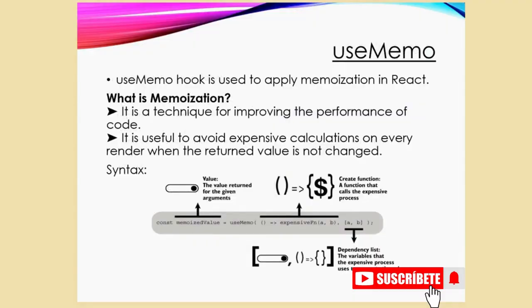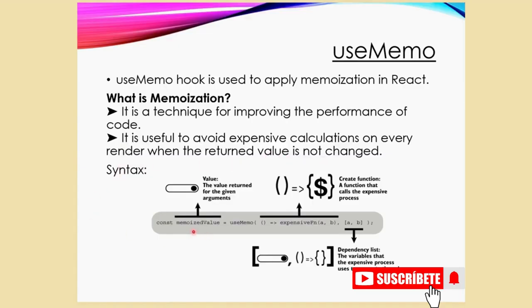useMemo. useMemo is a hook to apply memoization in React. What is memoization? It is a technique for improving the performance of code. It is used to avoid expensive calculations on every render when its return value is not changed.